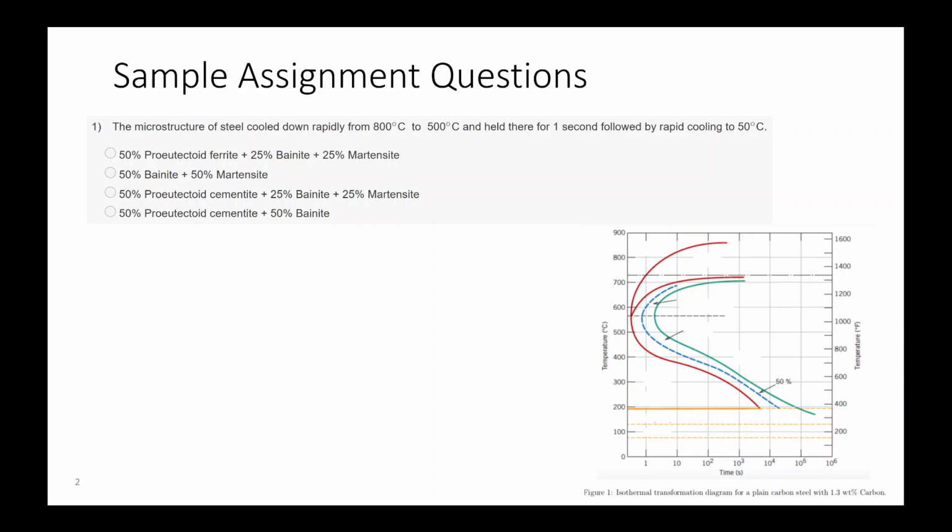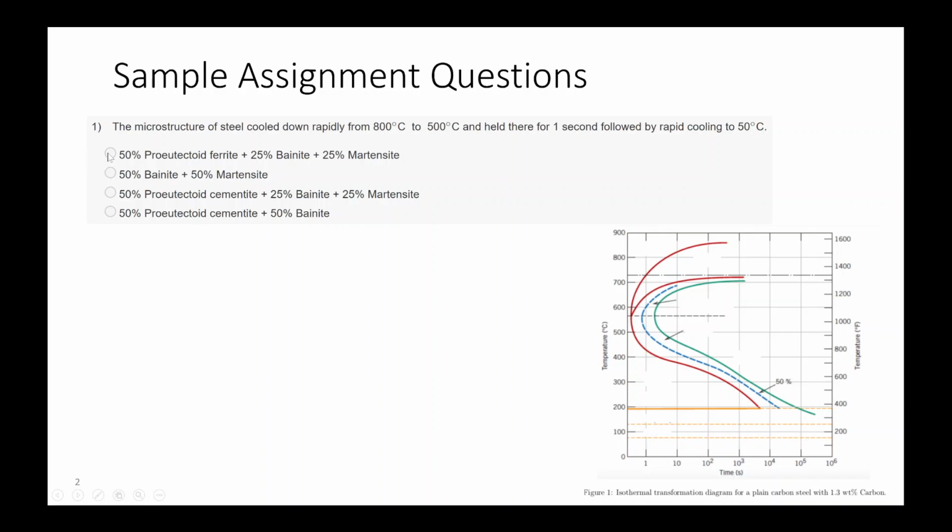So in the first question, you are asked the microstructure of steel cooled rapidly from 800 degrees Celsius to 500 degrees Celsius and held there for 1 second, followed by rapid cooling to 50 degrees Celsius. What can be your possible microstructure?